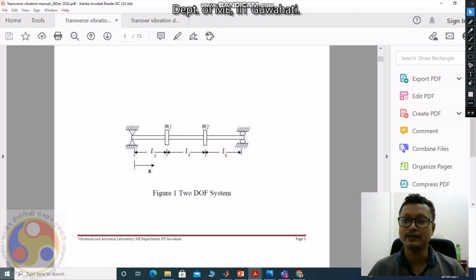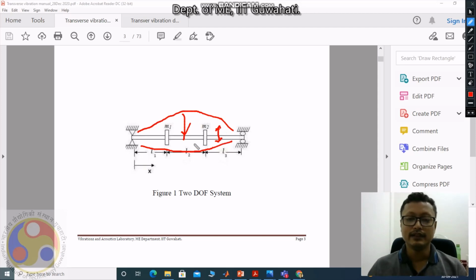If you strike the masses with a hammer in this position, the beam will oscillate like this. This is called free vibration, and this frequency you can call the natural frequency of this system.